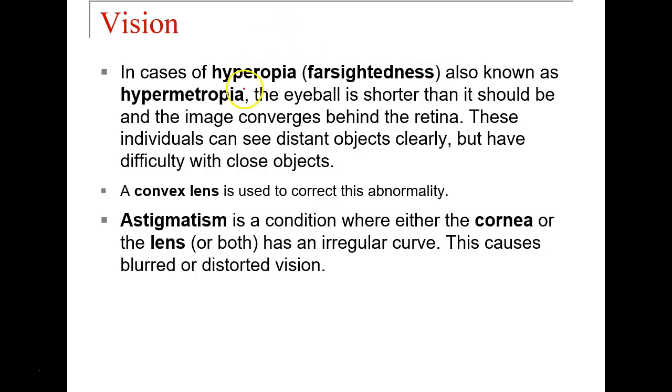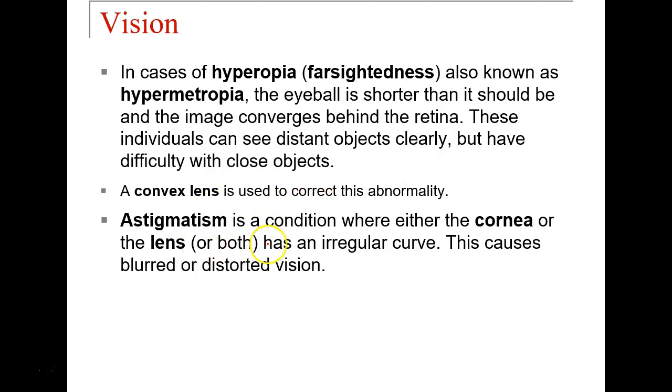The reverse of this is hyperopia or farsightedness. So this is when the eye is shorter than what it should be. And so the convergence of light is behind the retina. So distant objects are clear, close objects are not. We use a convex lens to correct these.